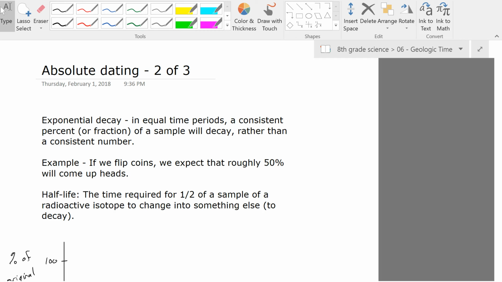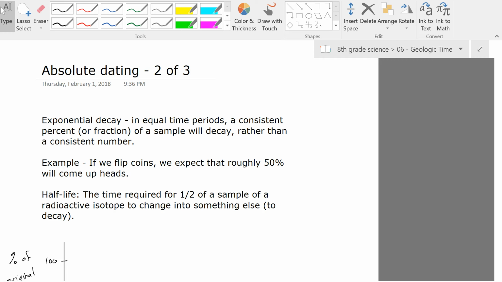Now, with radioactive decay, we're not looking at coins, of course. We're looking at radioactive atoms, or radioactive isotopes. And those things aren't just changing whenever we flip them. They could change at any moment in time. We don't have a good way to predict when a single isotope is going to go through that process, but we can make pretty good predictions statistically on how likely they are to decay.